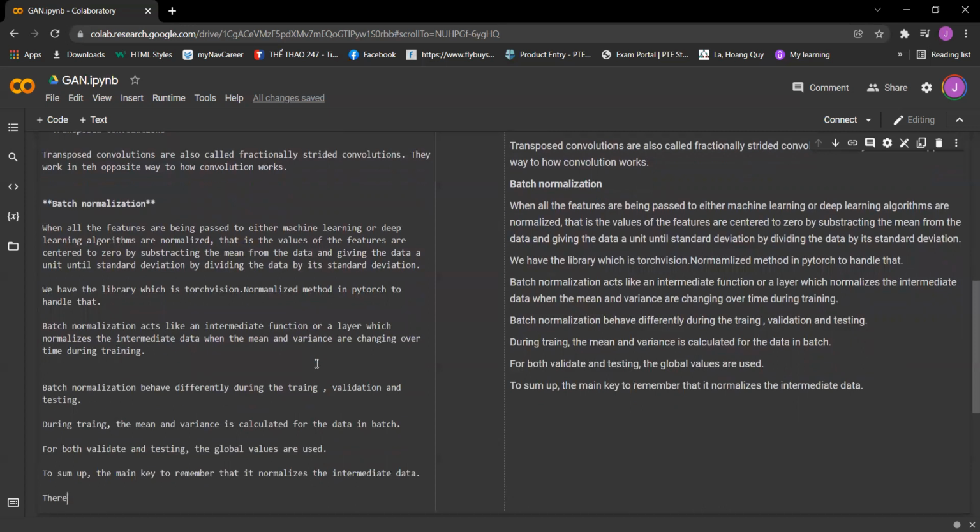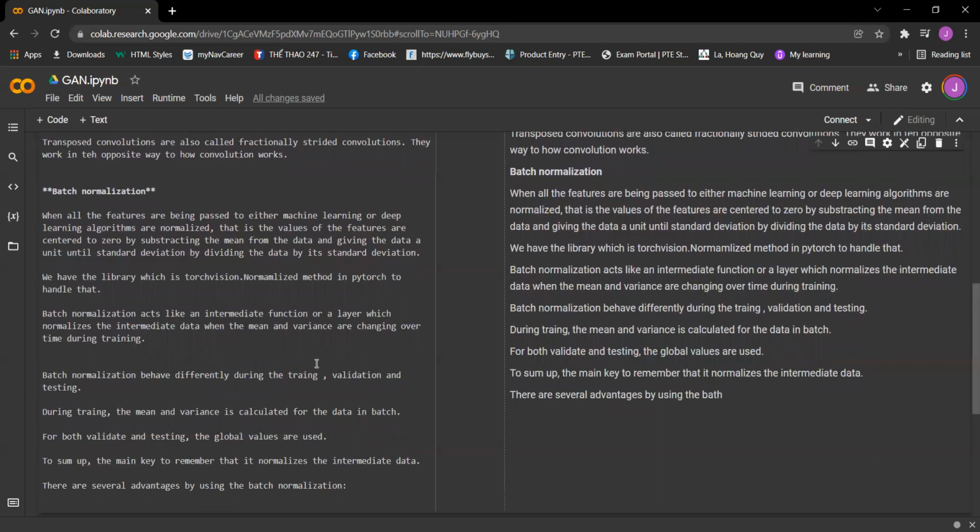So there are several advantages of using batch normalization.